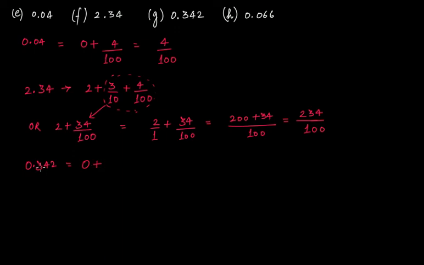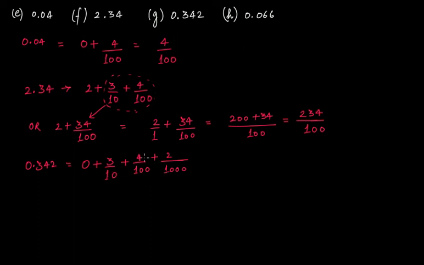Now we have the tenths place, the hundredths place, and the thousandths place. Our fraction goes up to the thousandths place. So this is 3 over 10 plus 4 over 100 plus 2 over 1000. 3 tenths, 4 hundredths, 2 thousandths.